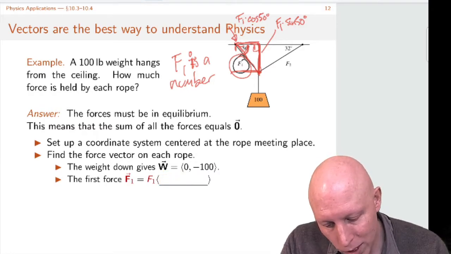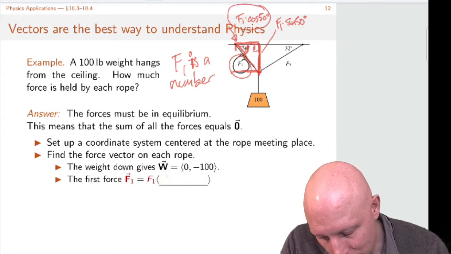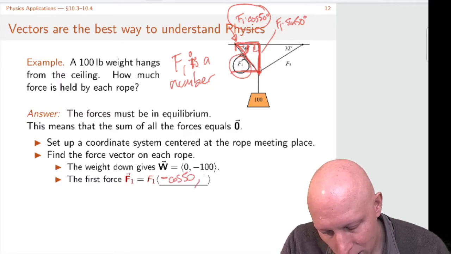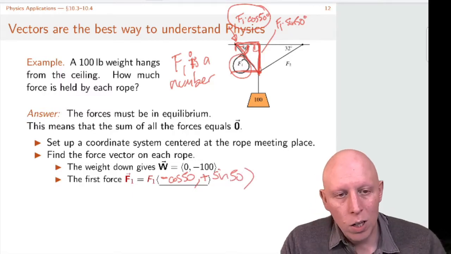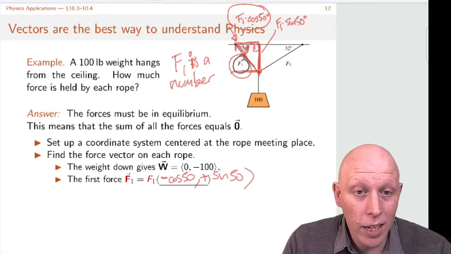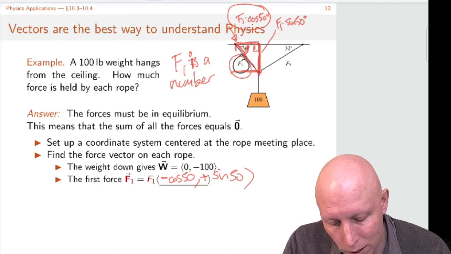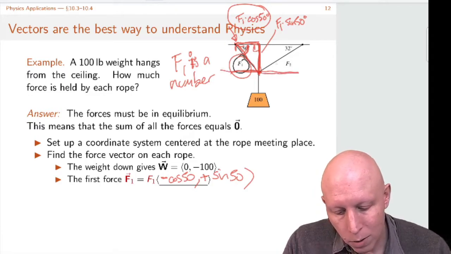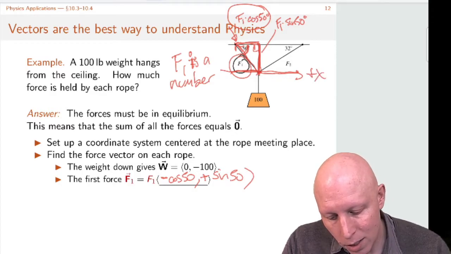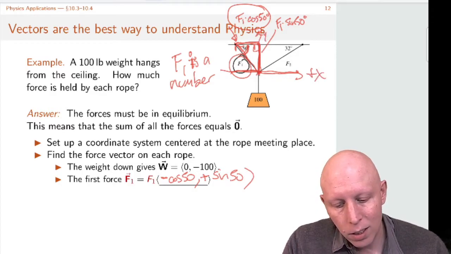What's the x component? The x component is this part. So it's negative cosine of 50, comma, positive sine of 50. Right? And where am I getting the positive and the negative from? I'm getting them from looking at our coordinate system, which says that this is the positive x direction, and this is the positive y direction.